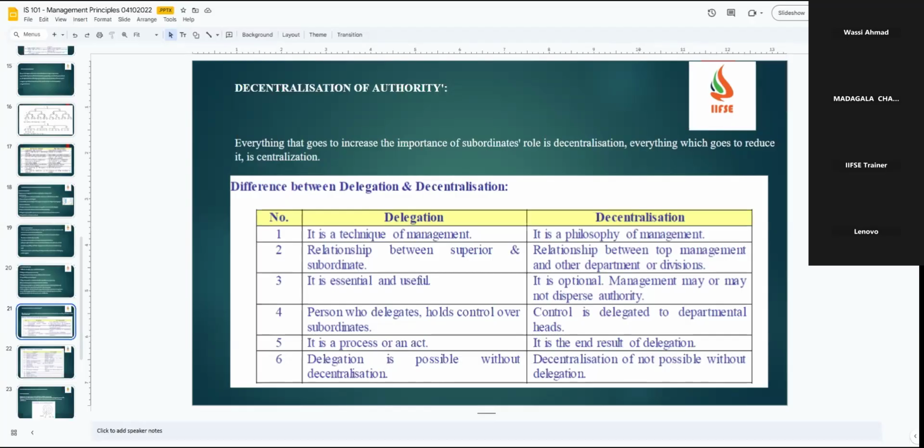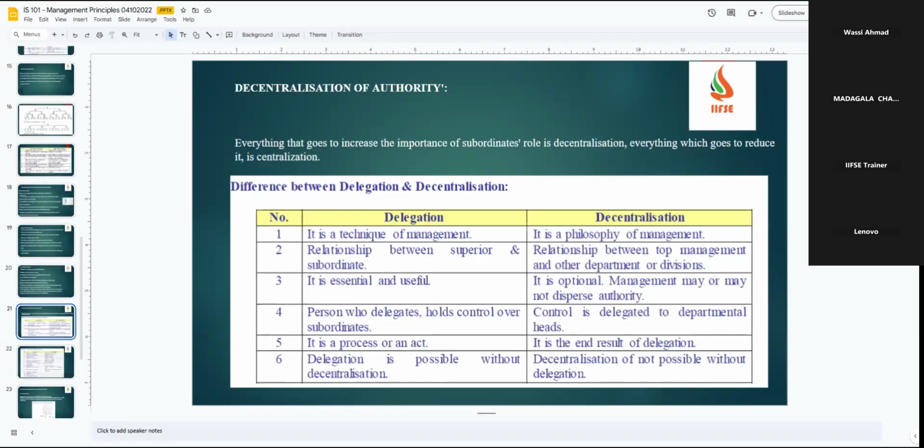So that is decentralization. Here the delegation happens between two people. Decentralization happens between the management and the departments or the divisions or number of units. I can say from the board and the unit heads simply.